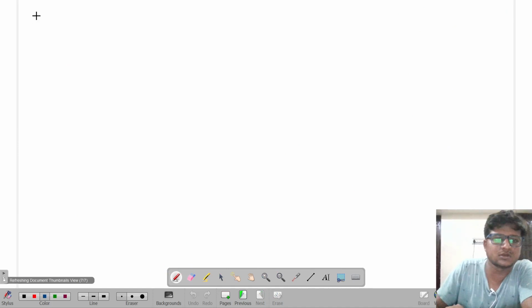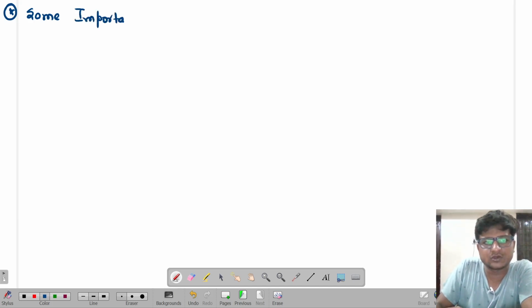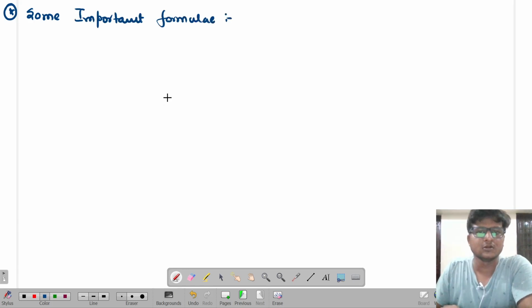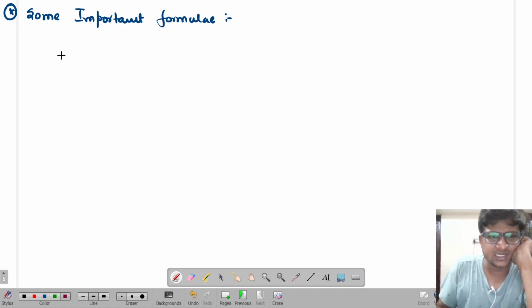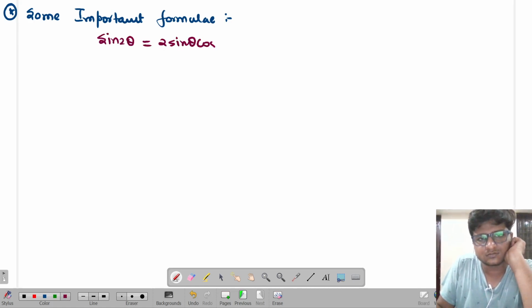So now some important formulas, and these important formulas you should keep as snap notes. Always revise them. Basically, if I write sine 2 theta, it is 2 sine theta into cos theta.